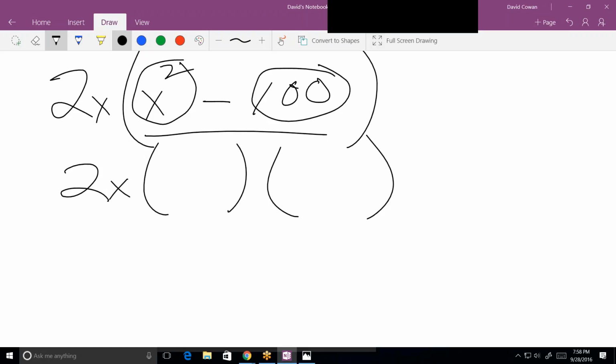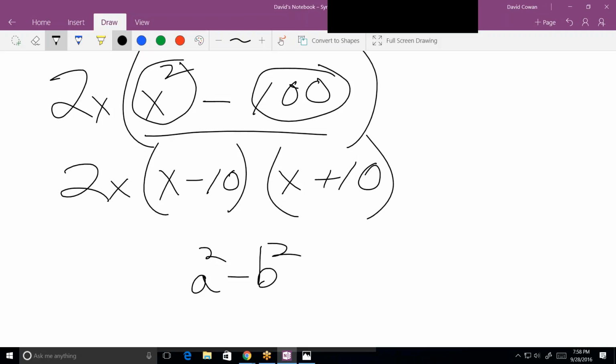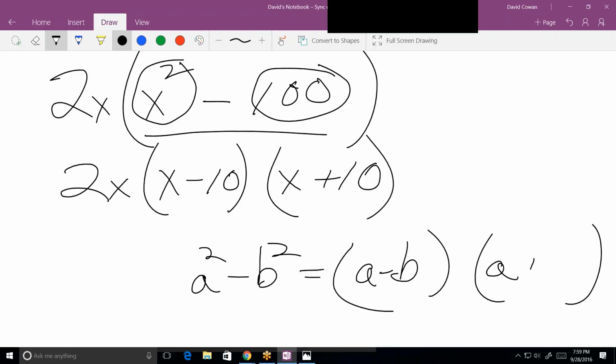How does that factor? We could do x minus 50 and then x plus 50. No, it's always factored like this. Yeah, my bad. Whenever you have a difference of perfect squares, it's always a minus b times a plus b.